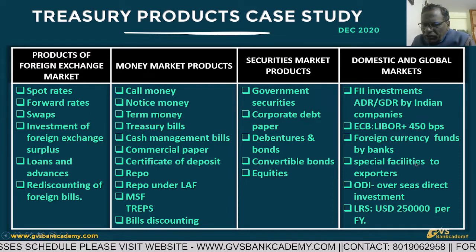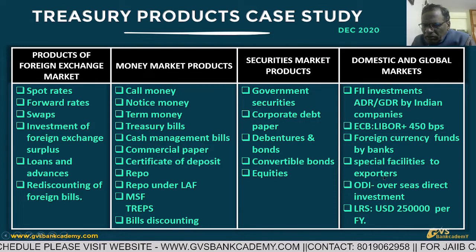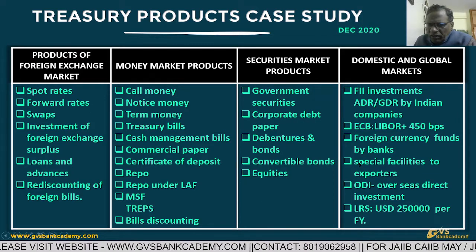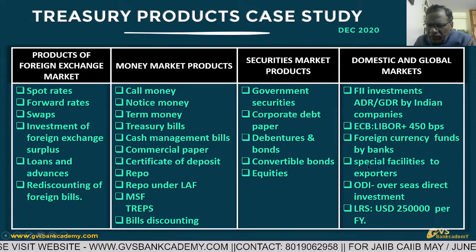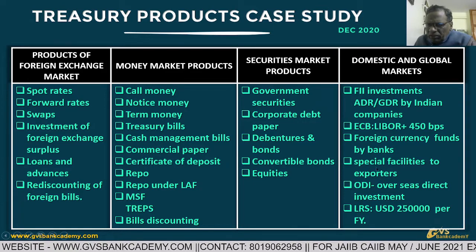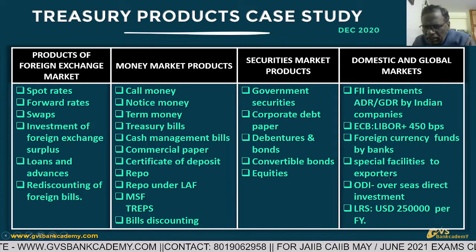And special facilities to exporters, globally also and domestically also. If any exporter requires foreign currency loans for pre-shipment, working capital or post-shipment, our banks are giving special facilities to exporters in foreign currency and in INR also.